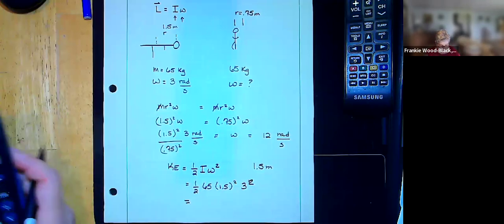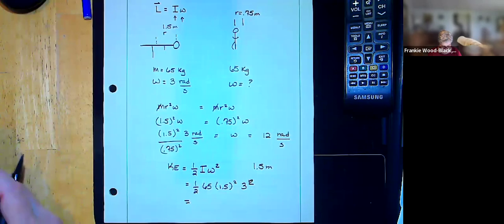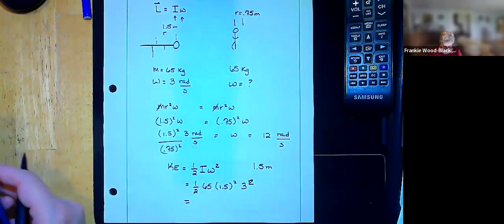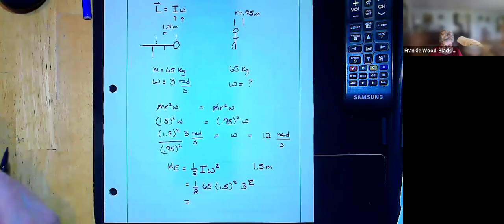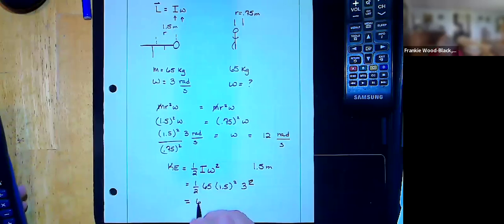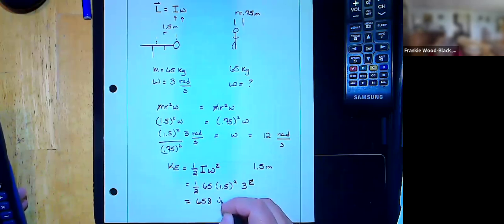Kinetic energy is going to be 658 joules.